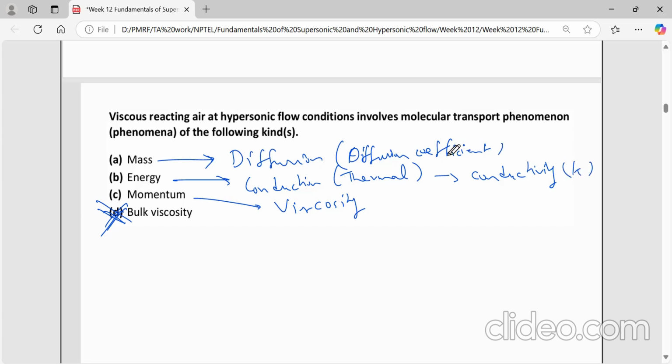Diffusion coefficient is given by D and viscosity by mu. So all these three are related to molecular transport phenomena. So options A, B, C are the correct answer.